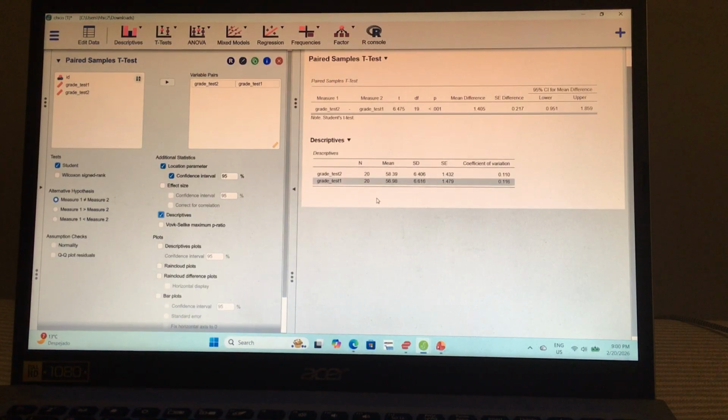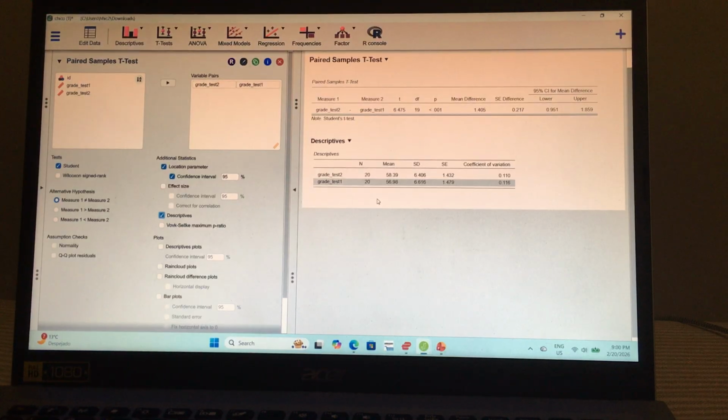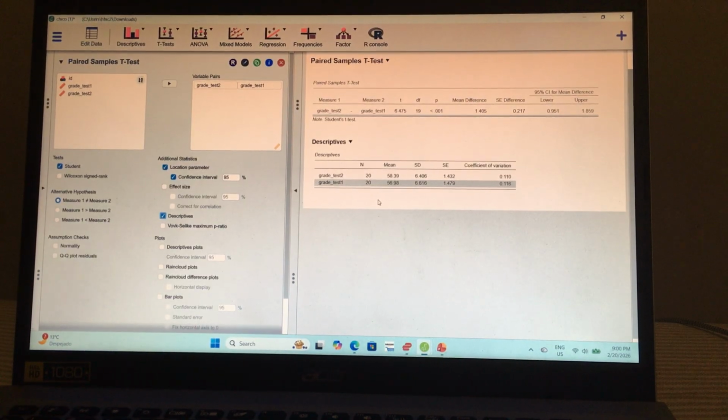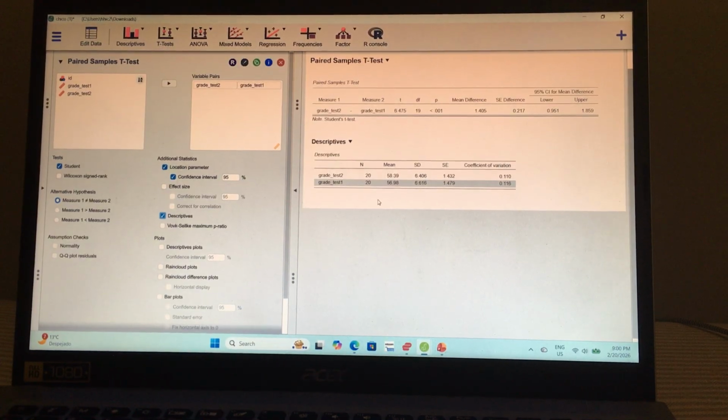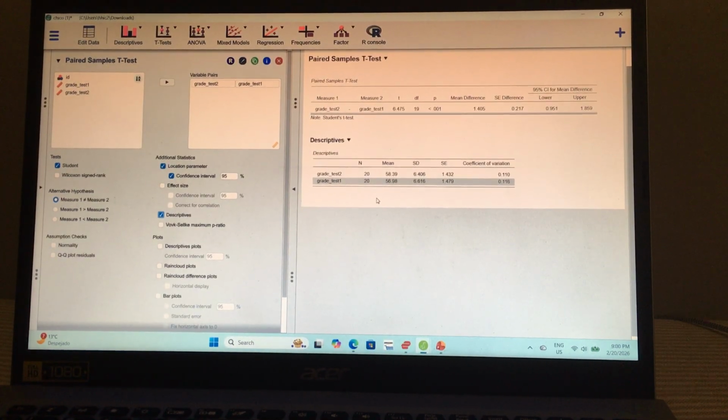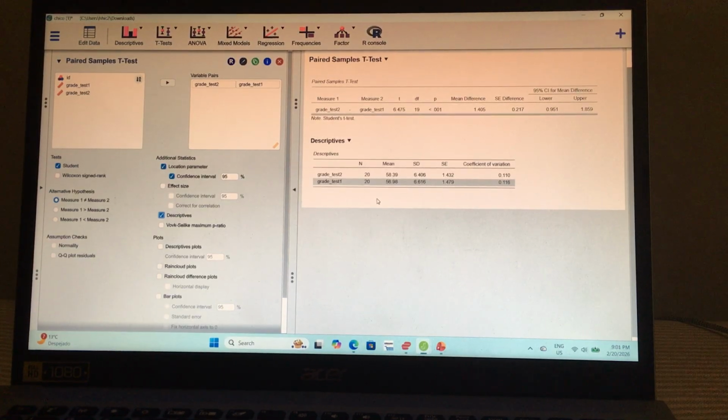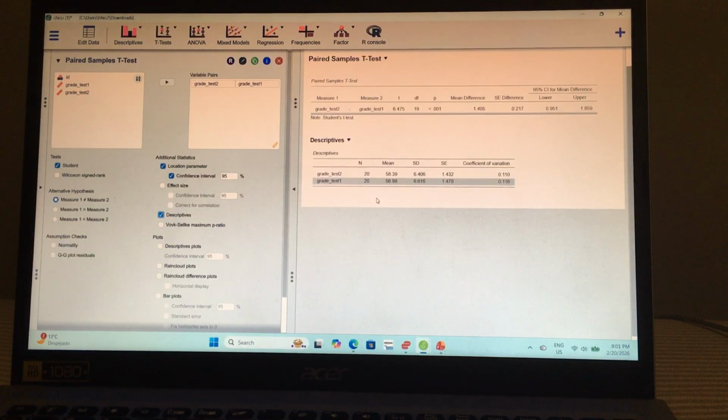Go to page 20. Compared to the first test, M equals 57.0, SD equals 6.6. That difference was statistically significant, t(19) equals 6.48, p less than 0.001. 95% CI for the difference 0.95, 1.86, looks good.